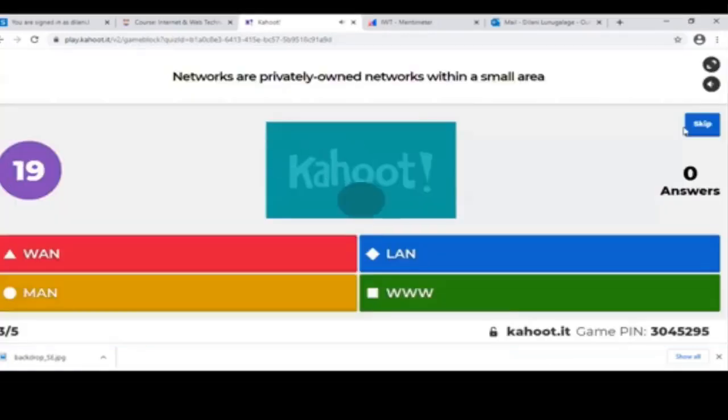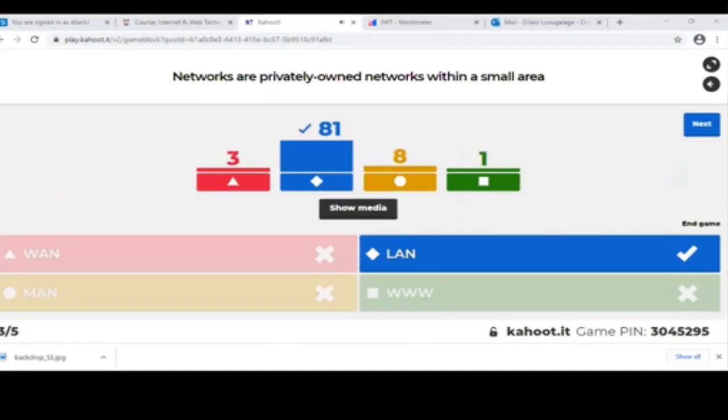Networks that are privately owned within a small area. Okay, so it's LAN.